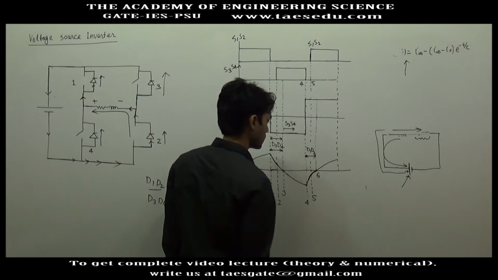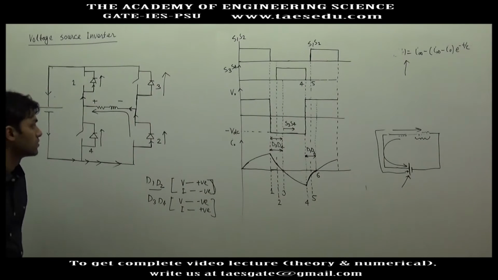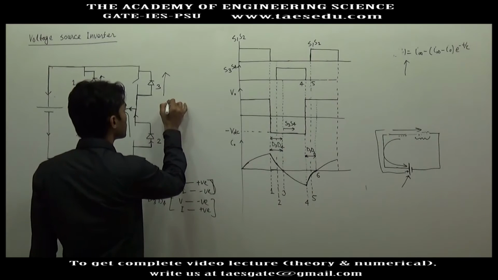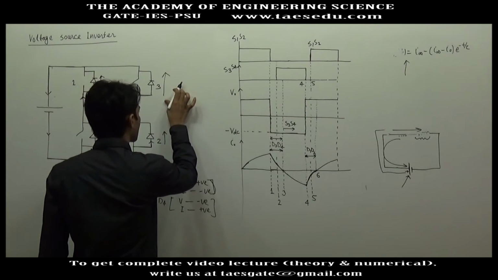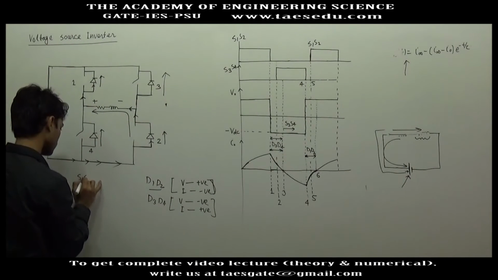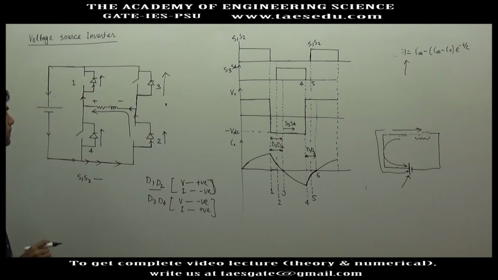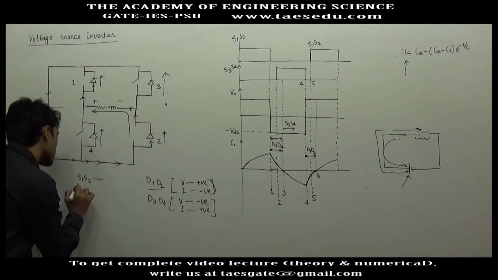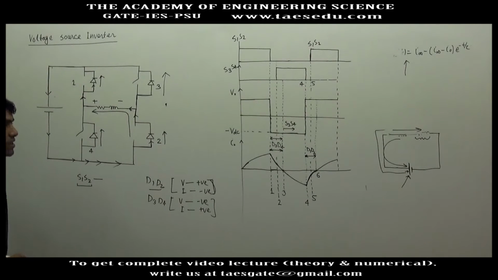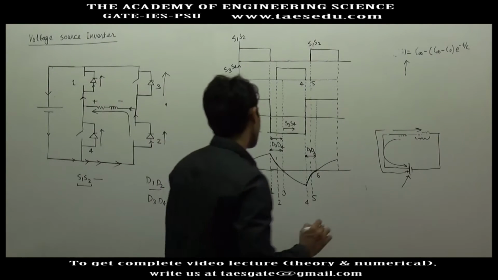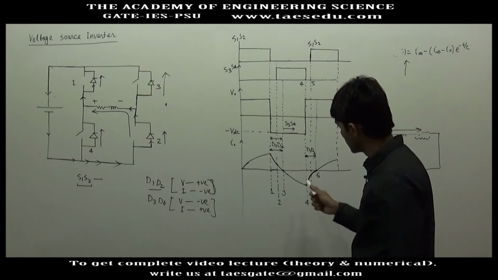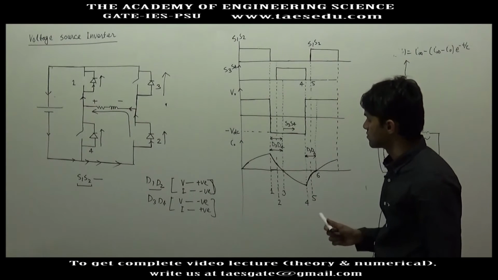current decays towards 0. Okay, whenever main switches will conduct, when S1 and S4 are conducting, when S1 and S2 are conducting, the main switches start conducting only at the point when diode current falls to 0.